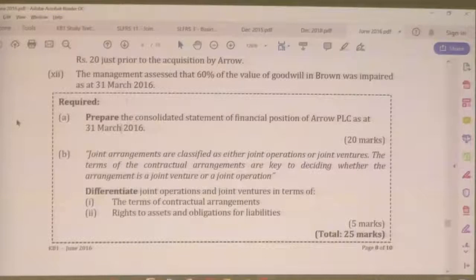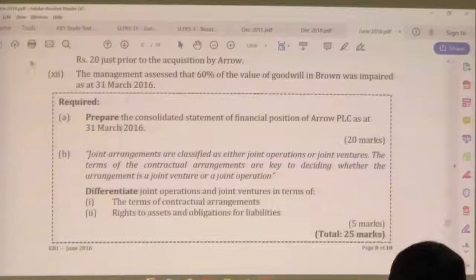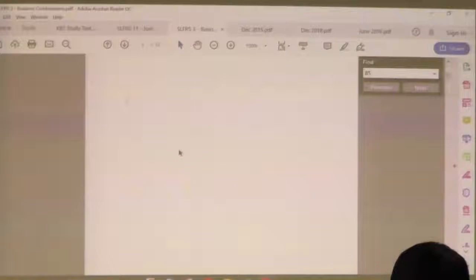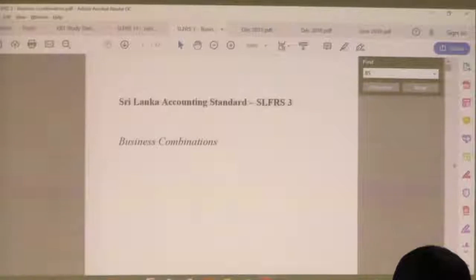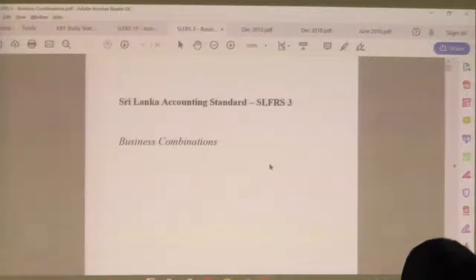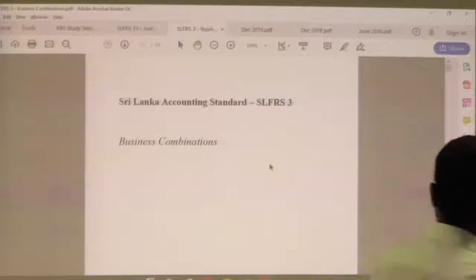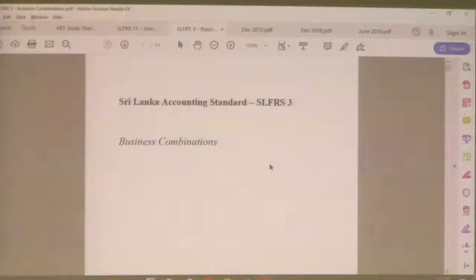Business combination. Now, what you should understand is what we mean by business combination, and how you can differentiate it from a joint venture or associate.